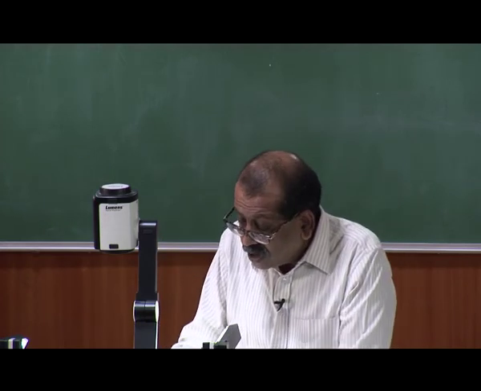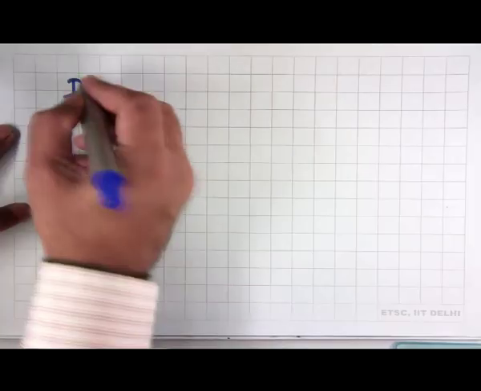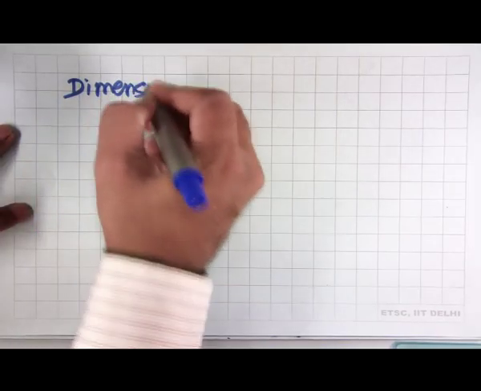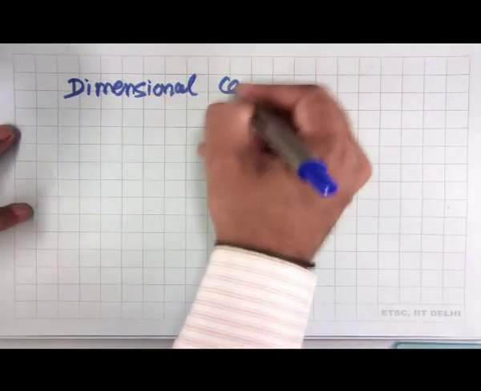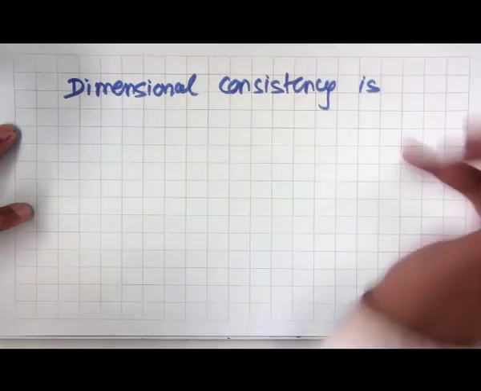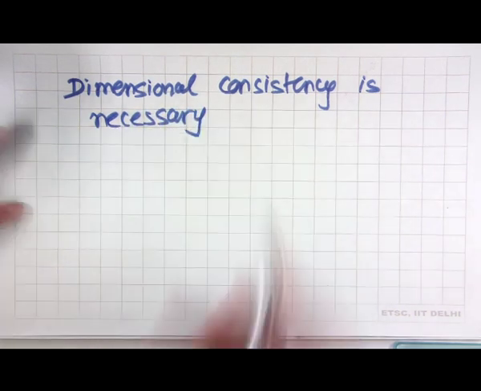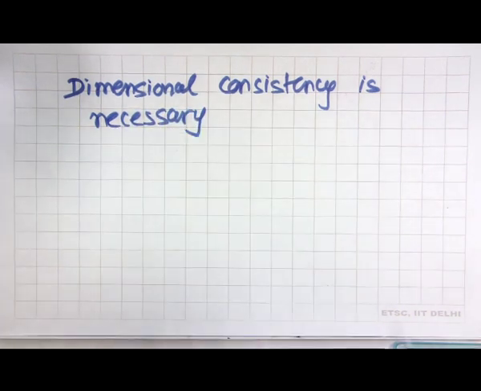But one thing we should realize, or the catch is, while dimensional consistency is necessary, that means two terms in the equations have to have same dimensions.